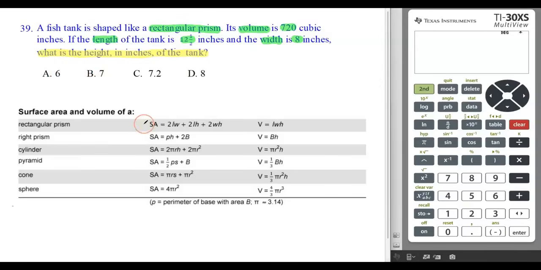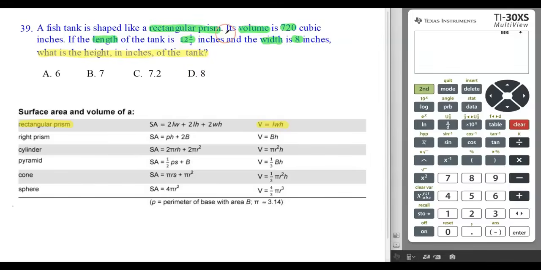Now I took a snippet of the formula sheet that you will have access to on the GED Math test. Which formula do you think you will use for this? Well, we have rectangular prism, so that's right here. And we're dealing with volume of a rectangular prism, so that would be this formula over here. V represents the volume.